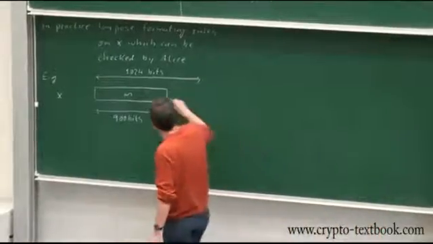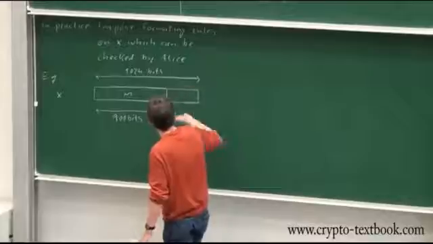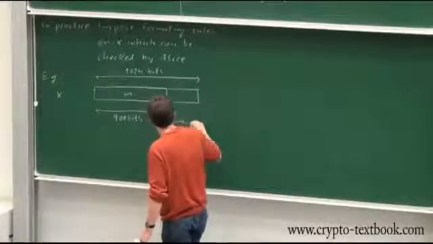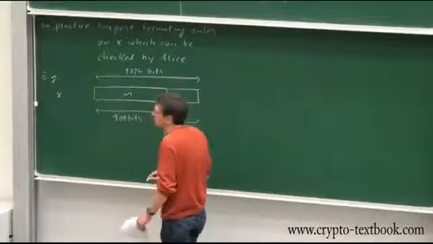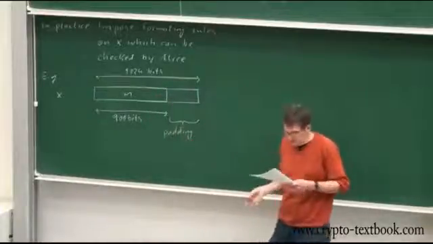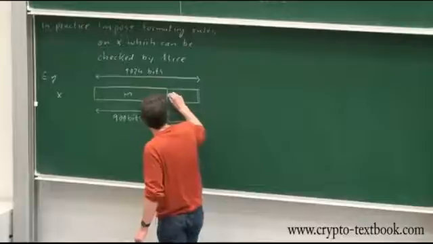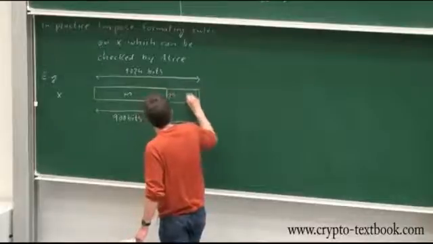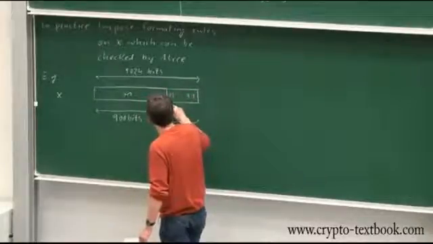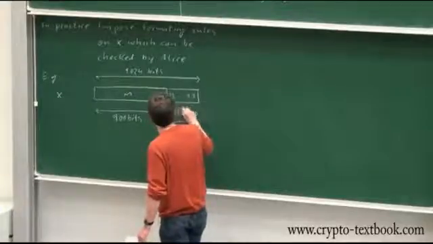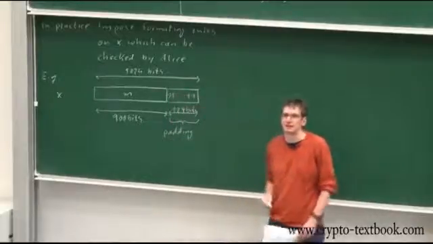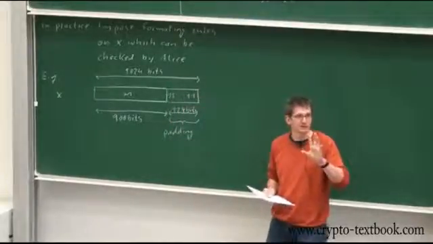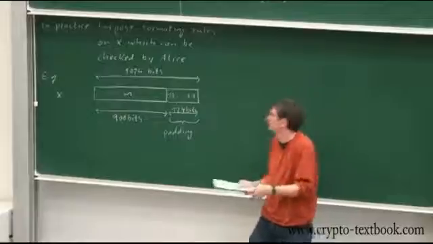And the remaining bits, this is the padding, you impose an arbitrary bit pattern, and to make things easy, we say, okay, we want to have 124 ones there at the end. Okay? We say every message that Alice signs has this format.